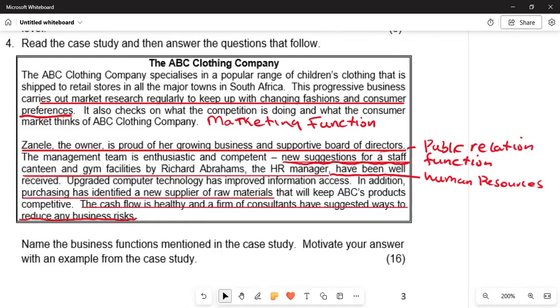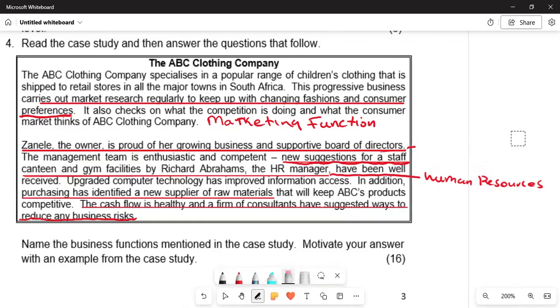So with the first one, this one was talking about Sanel, the owner, who is proud of a growing business and supportive board of directors, because it is talking about the board of directors.